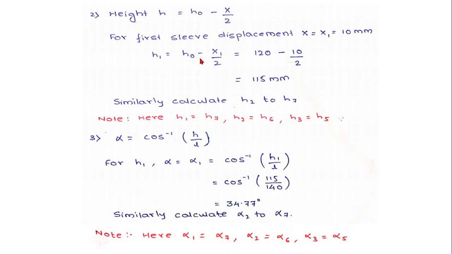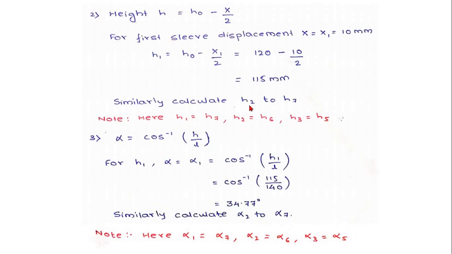So h1 is equal to h0 minus x1 by 2, that is 120 minus 10 by 2, because x1 is the sleeve displacement of 10 mm, and h0 is the initial height of the governor which we have measured, 120 mm. Substituting that value, it comes to 115 mm, that will be h1.